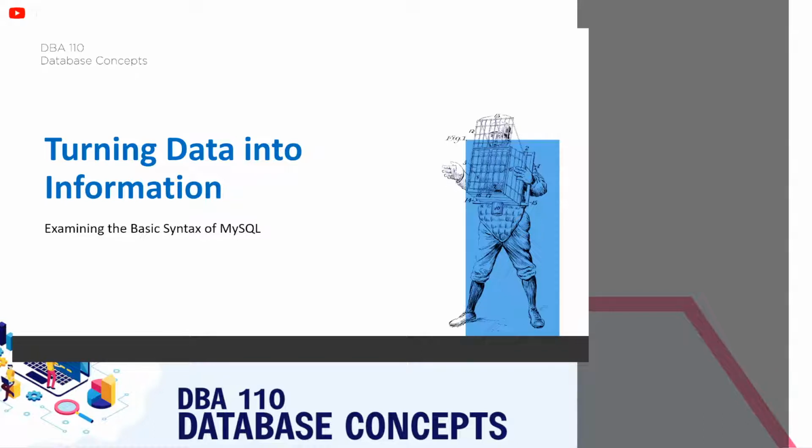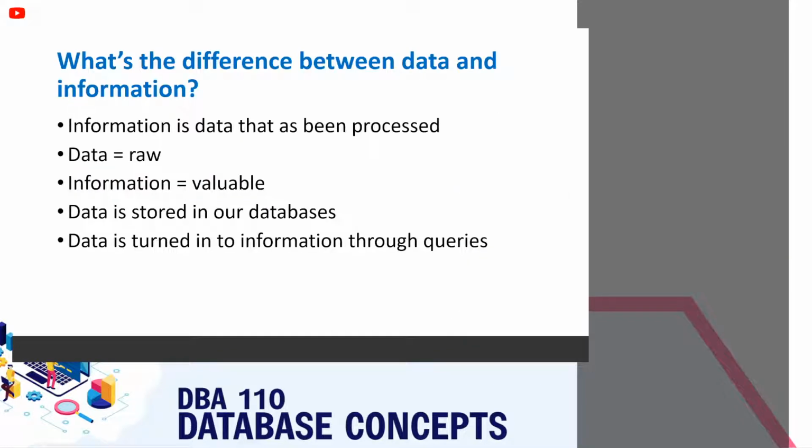So just as a bit of a review from some of the things that we've talked about before, we talked about our information cycle, and we've said that information is data that has been processed. So we call data raw, right? Data is like when you go to the grocery store and buy a pack of chicken in the butcher's department. You can't really eat that chicken as it is. There's some inherent value to it. You had to pay for it.